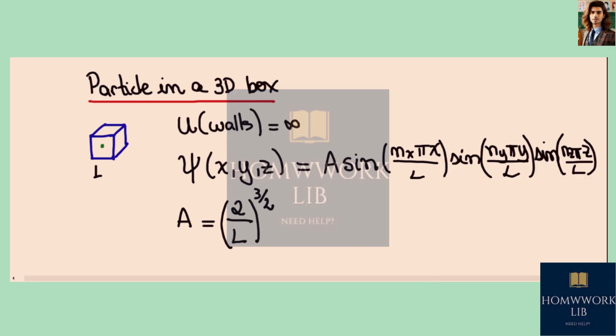You can find this by imposing that the integral of the absolute value of the wave function squared over all space, d^3r, is equal to 1.